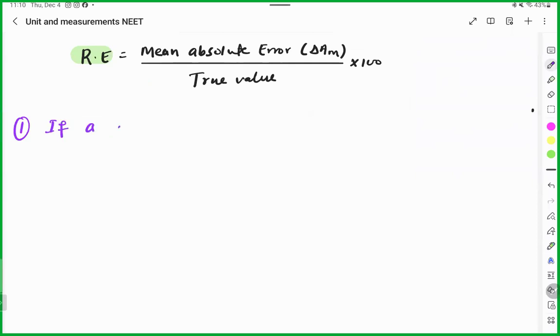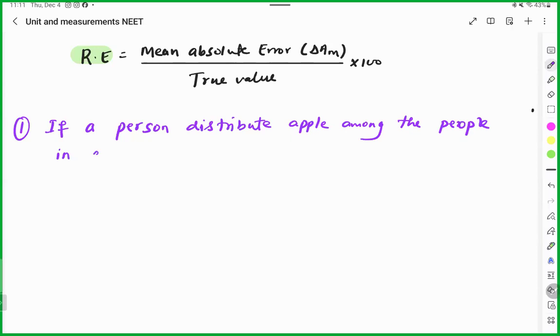A person distributes apples among people in different quantities.